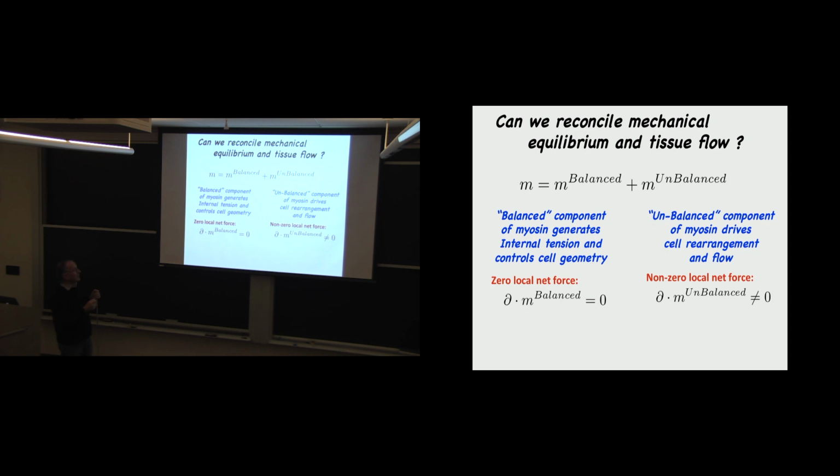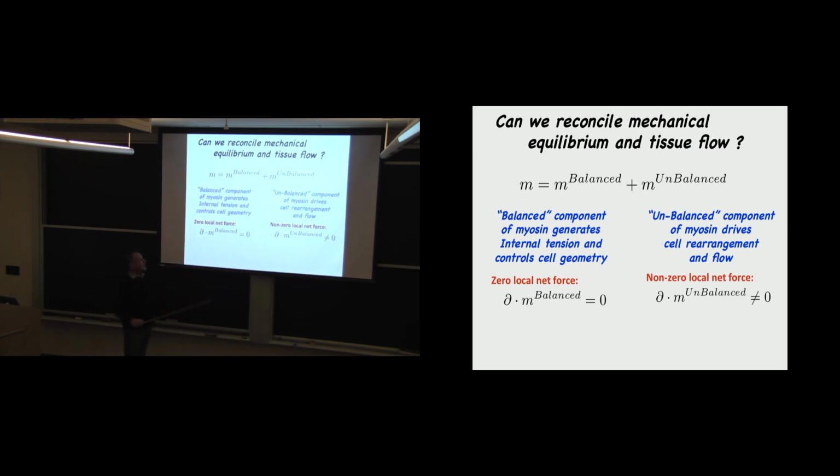One is we're now in a position to go back and reconcile these static and dynamic pictures. So you realize that if you have this myosin tensor, in the equation that I just wrote down, what was driving the flow was the unbalanced part of myosin. We were driving the flow by the divergence of the myosin tensor. When this was constant, right?